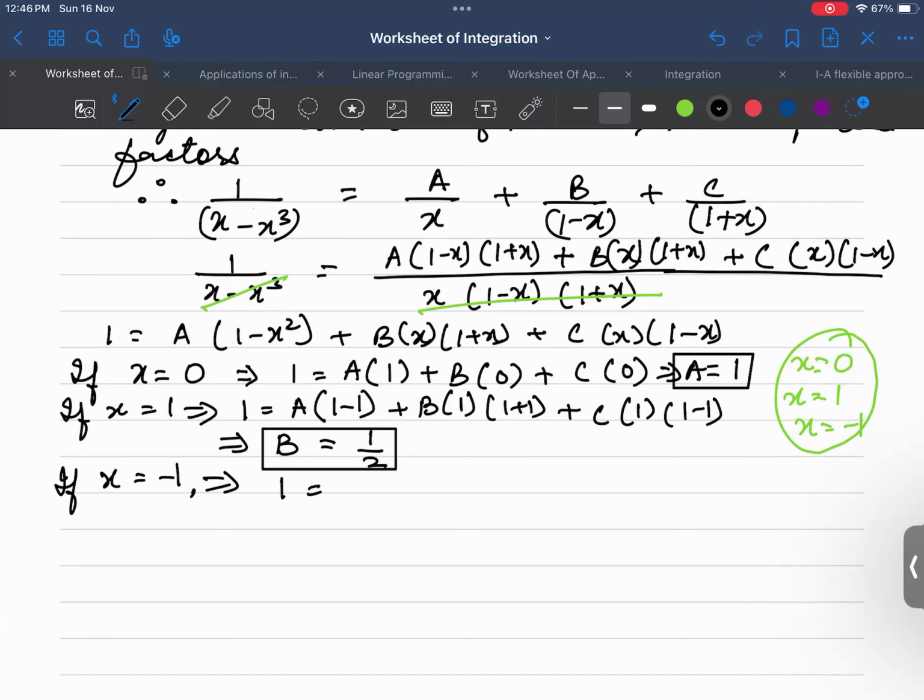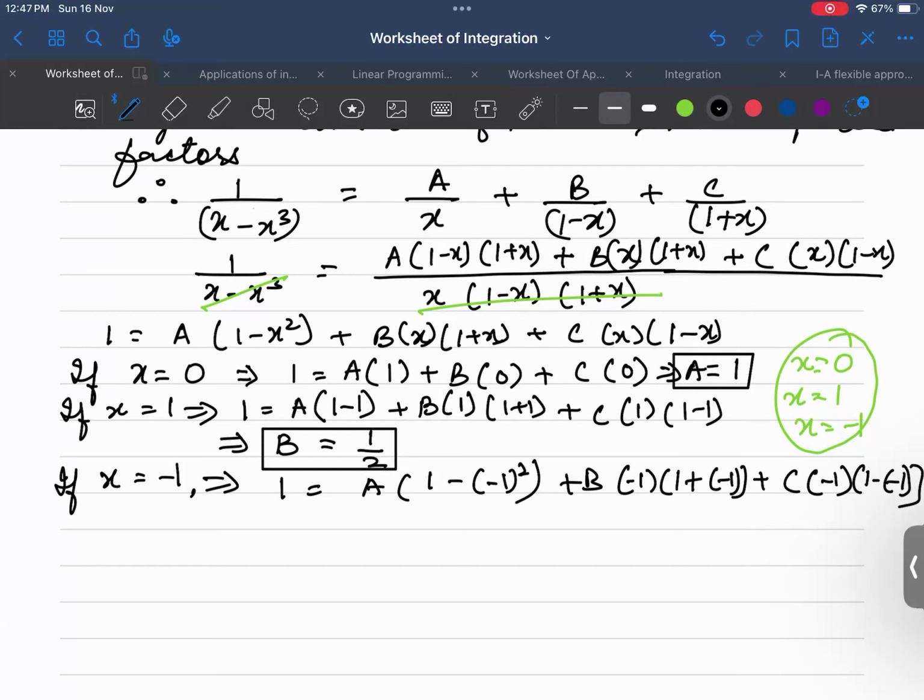Now, if x equals minus 1, in that case, 1 equals a into 1 minus 1 whole square, plus b into minus 1, plus, sorry, it is 1 plus minus 1, plus c into minus 1 into 1 minus 1. Solve it.